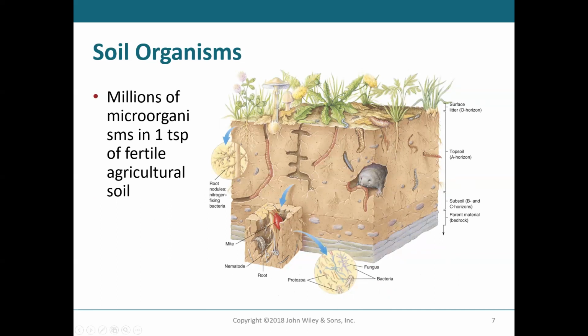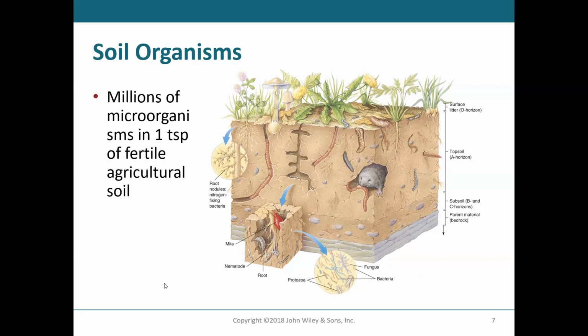Most numerous in soil are bacteria, and they number in the hundreds of millions. Scientists have identified around 170,000 species of soil organisms, but thousands remain unknown. These soil organisms provide very essential ecosystem services. They maintain soil fertility by decaying and cycling organic materials. They prevent soil erosion.